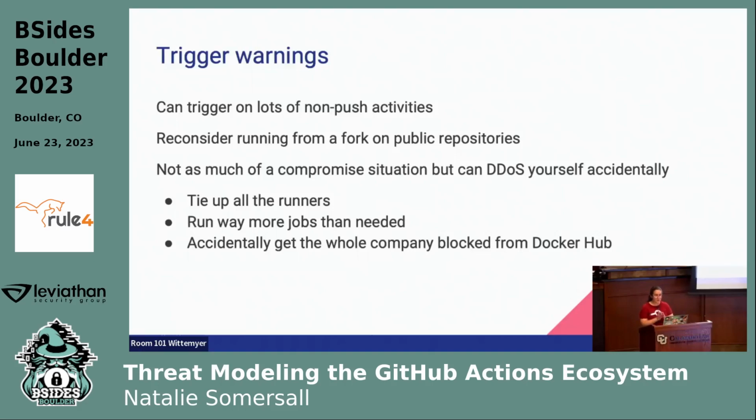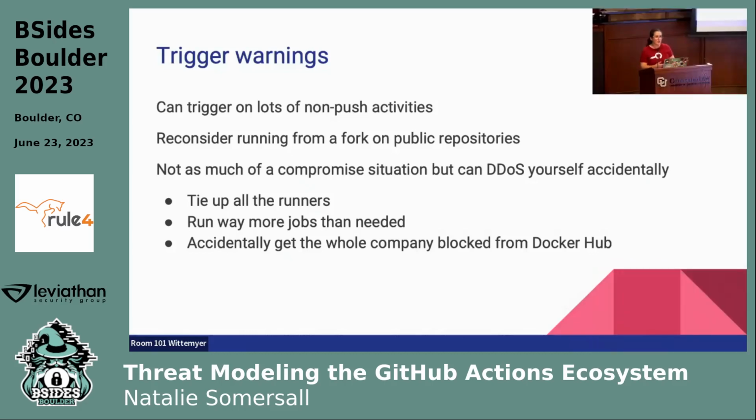GitHub Actions supports matrices that'll end up in up to 256 parallel runs. So that's 16 by 16. And that's a great way to tie up all your runners, have very peaky loads, and run way more jobs than needed. If you're using GitHub's hosted compute, that's kind of our problem. But if you're hosting it yourself, this is very much your problem.